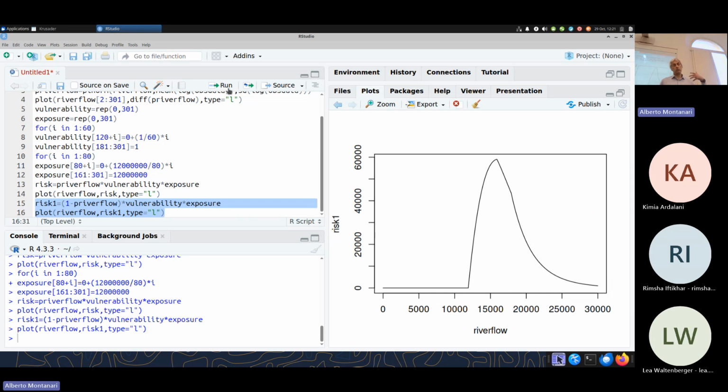And in order to elaborate the reasoning to reply to this question, let me try another experiment here. Let me try to use for probability, the probability density. The probability density should indeed decrease for increasing river flow, for increasing intensity of the event.